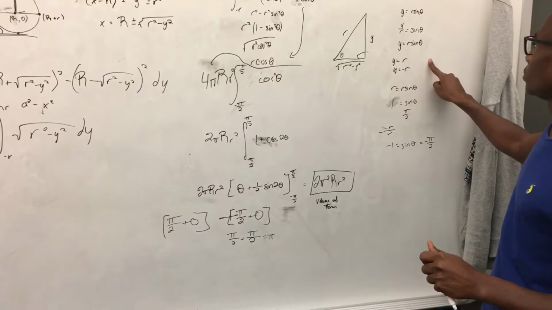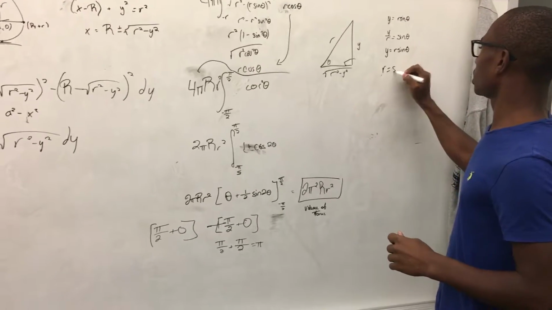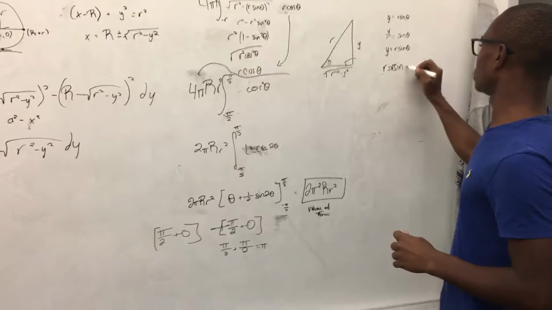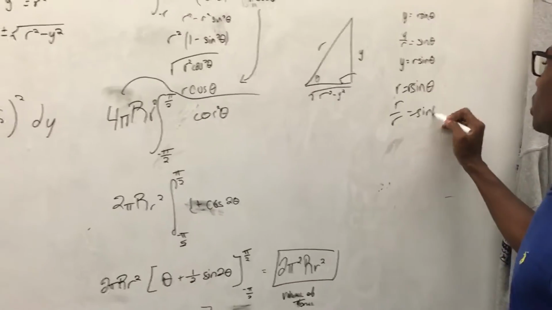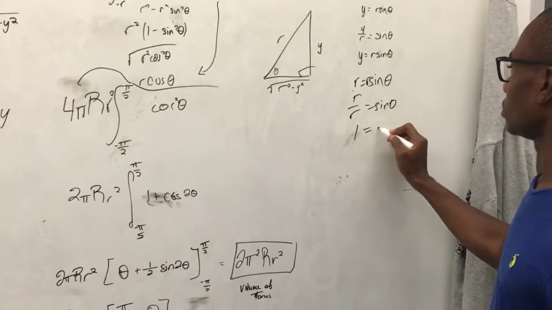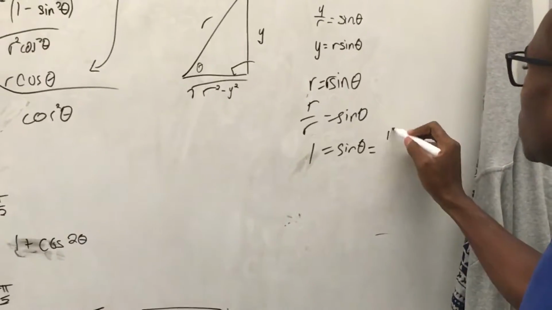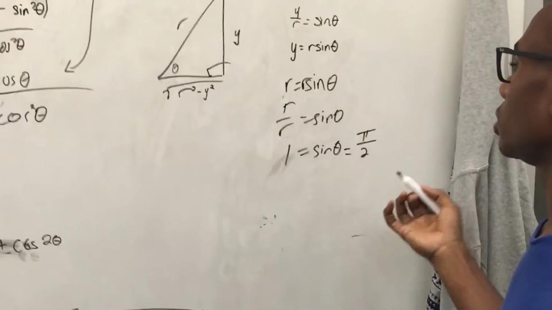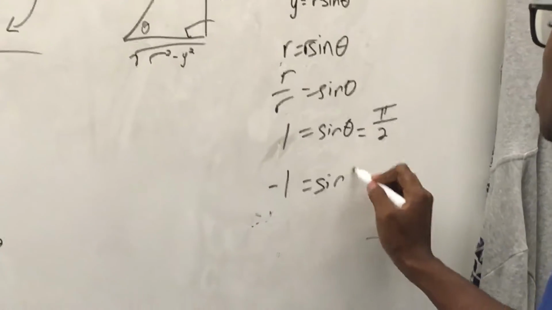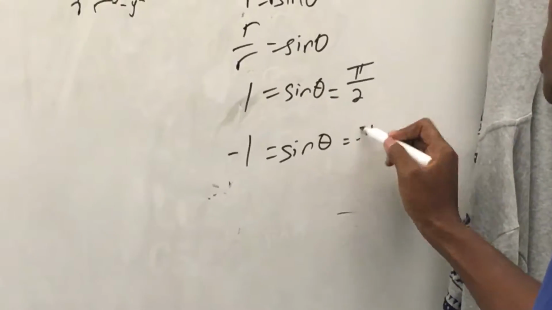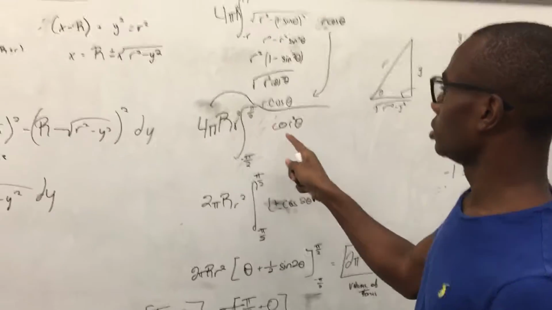And so when y is r, r divided by r is equal to sine theta, and that becomes 1 is equal to sine theta. And at that point, theta is pi over 2. And then the same thing with the negative r, and you get negative 1 is equal to sine theta, and that'd be equal to negative pi over 2. And so I went back and I plugged those in, and then I got my integral set.